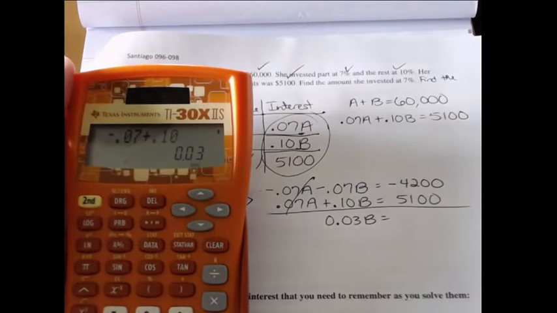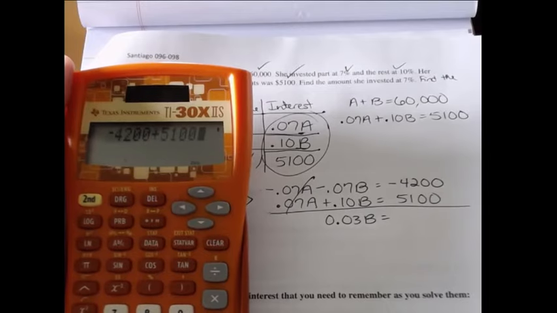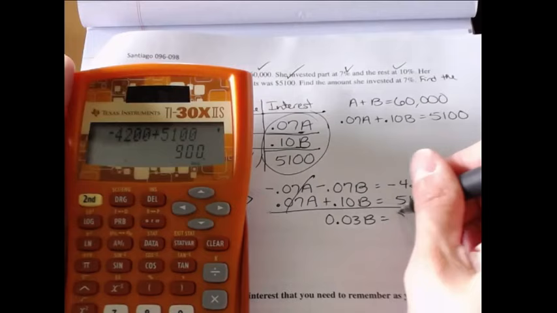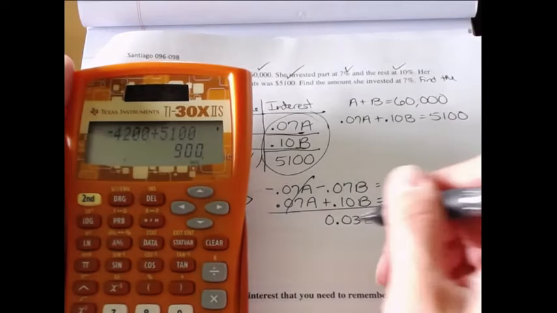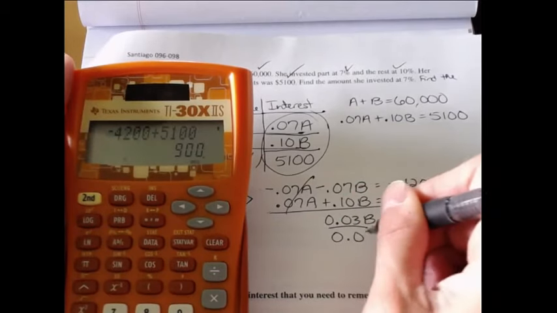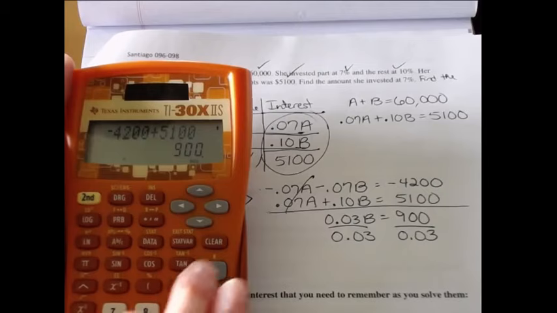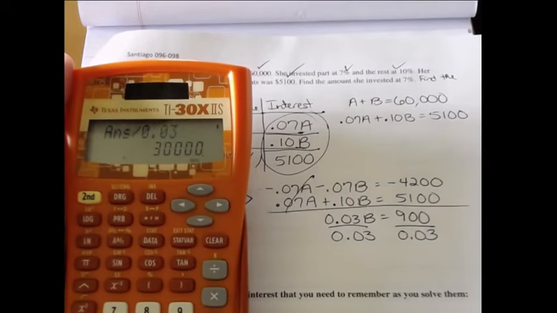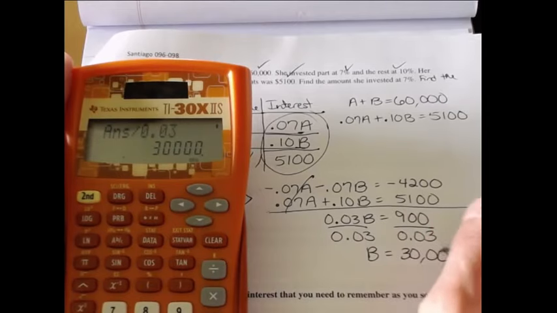With our last column, we have negative 4,200 plus 5,100. If you don't see a sign there, it's a positive number, so we're adding, and that gives us 900. Hopefully that's clear. Next, we want to isolate B, so we divide by 0.03. So if I divide by 0.03, I'm left with B is equal to 30,000.